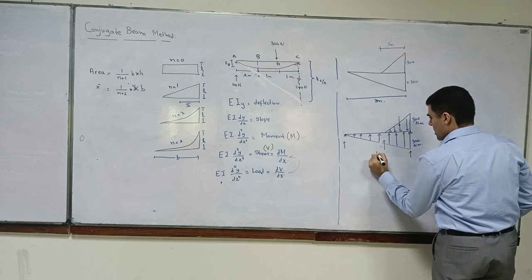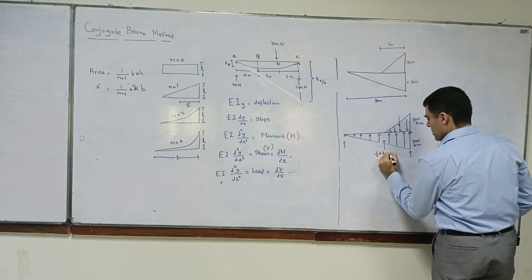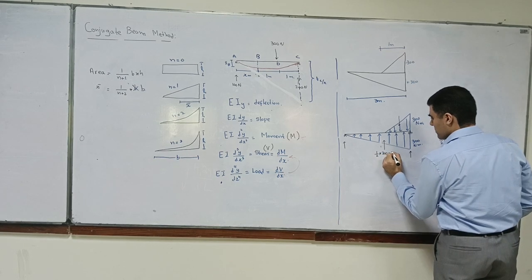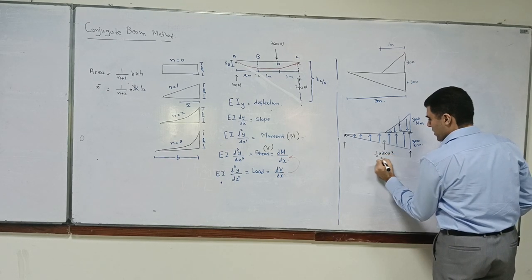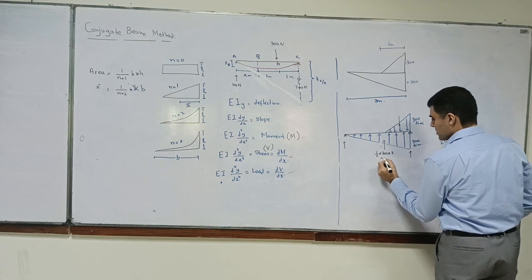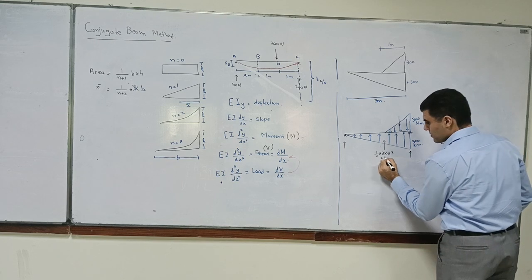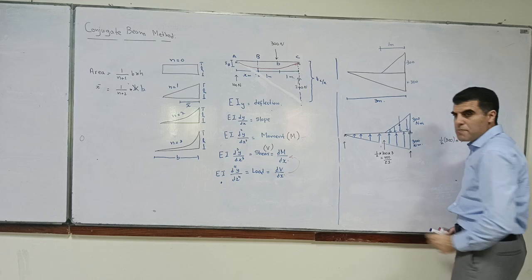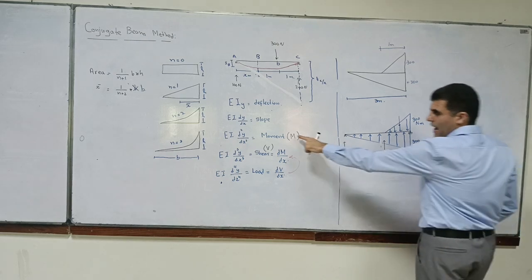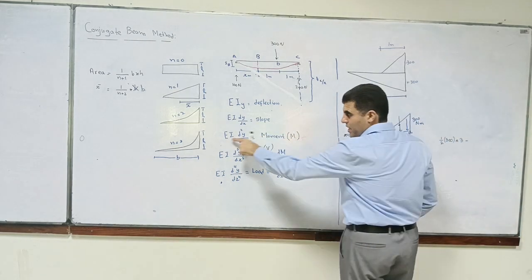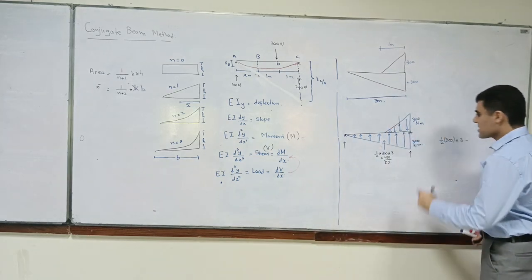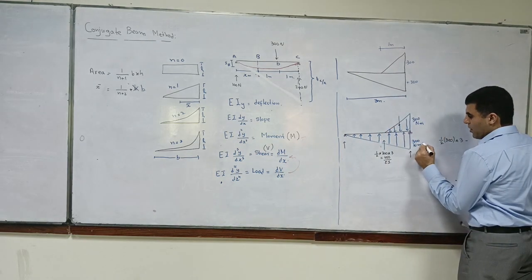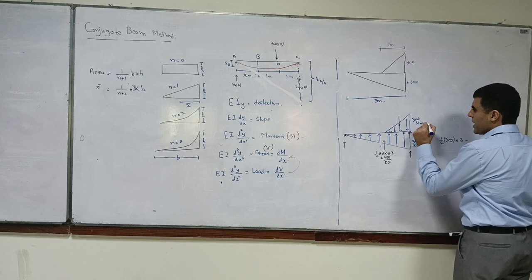How much is this? Half into 300 into 3 is equal to 450. That is 450 by EI. We have to draw M over EI. Remember, EI is from here. So this is 450 over EI.